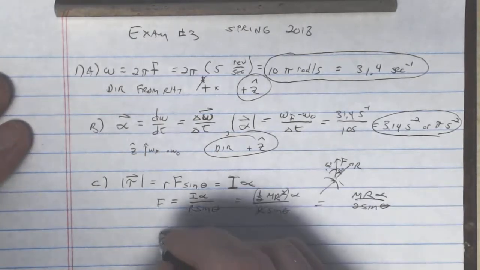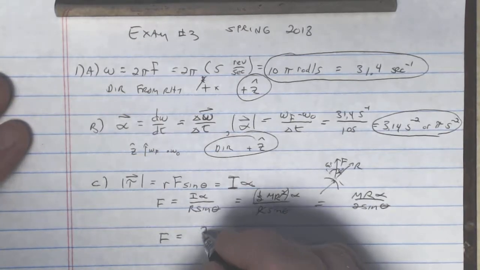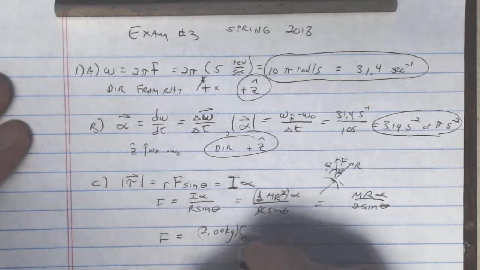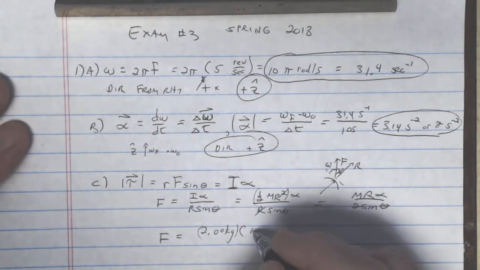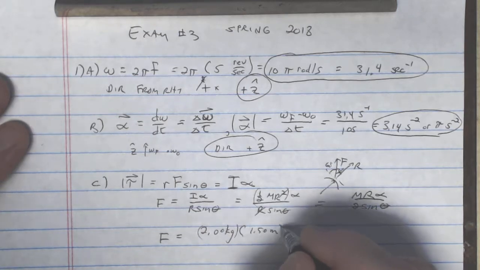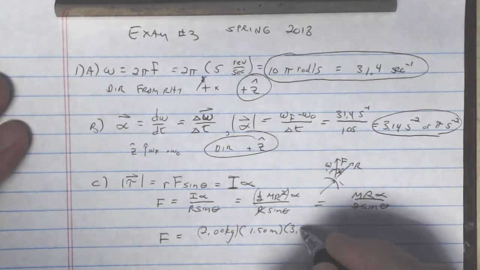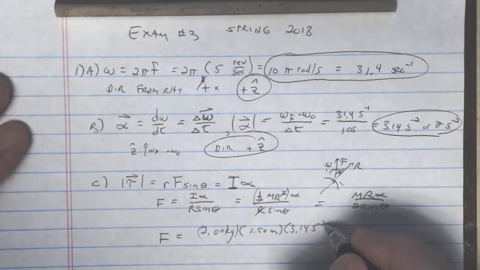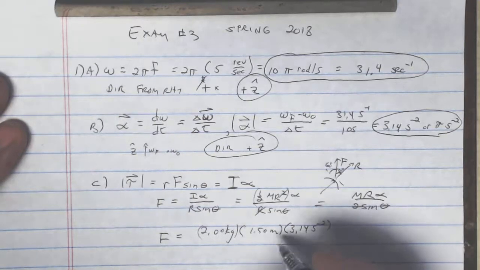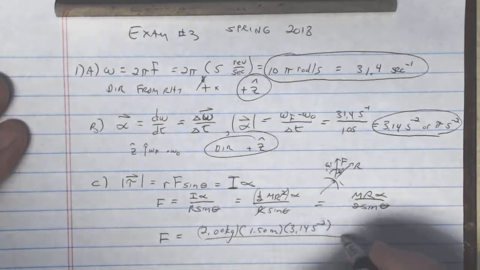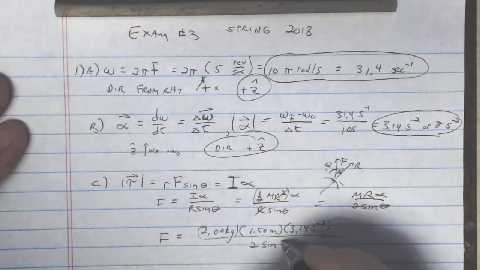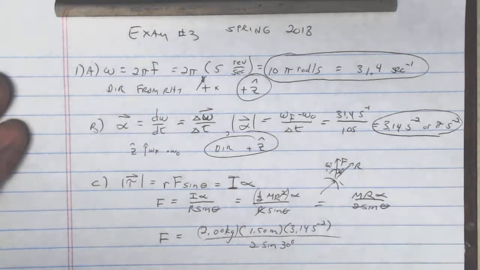All I have to do is plug them in and say the force is 2.00 kilograms, because that's the mass of the disk. The radius of the disk is 1.50 meters. The angular acceleration, alpha, is 3.14 radians per second squared, divided by 2 sine 30 degrees.